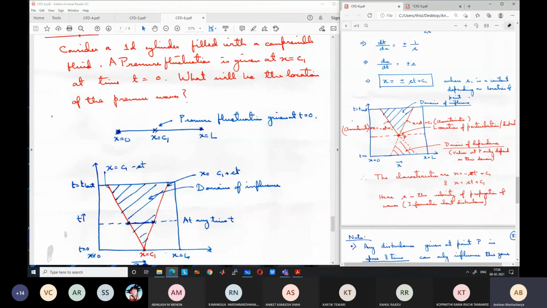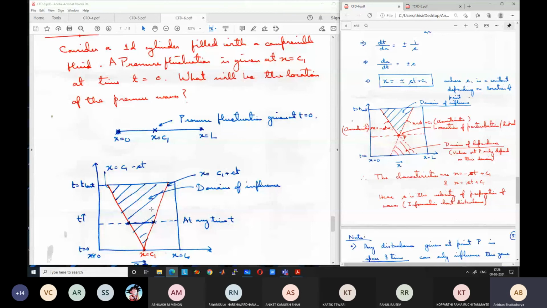At any instant, the pressure wave is at a distance C1 plus Ct on the right hand side and C1 minus Ct on the left hand side, because the pressure wave is traveling with speed c. So if you join all the points with C1 plus Ct and C1 minus Ct, you get lines like this. These are the characteristic lines, and these enclose the domain of influence in that case.